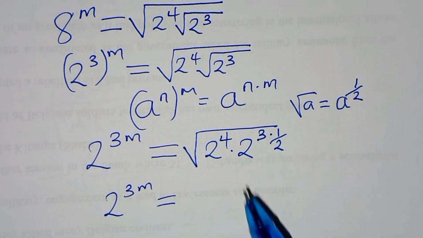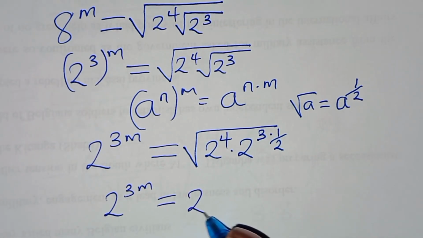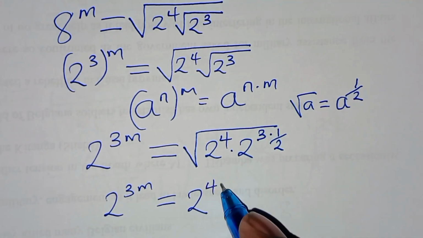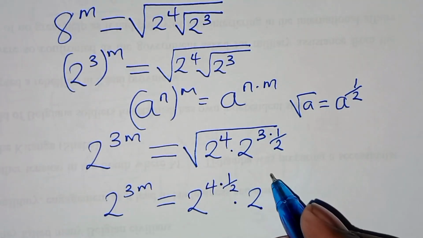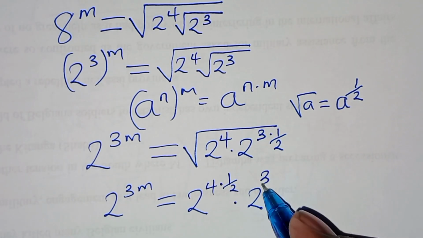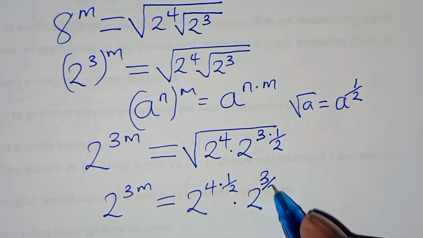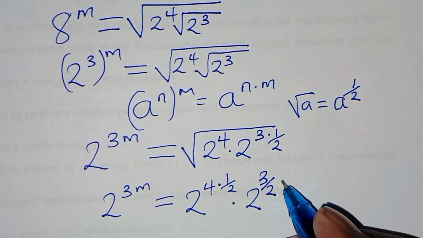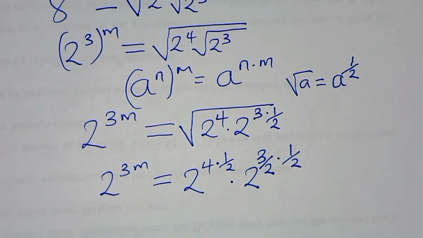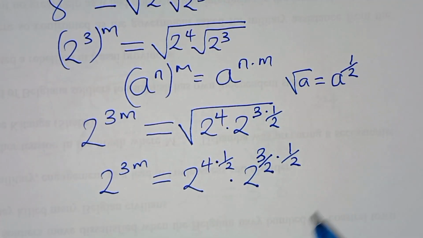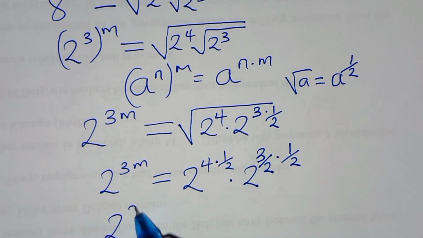So that now here we have 2 to the power 3m. This is equal to, now here we'll have 2 to the power 4 times a half times 2 to the power, now here we have 3 over 2, times a half. This is for the second bracket here. So now we have 2 to the power 3m.